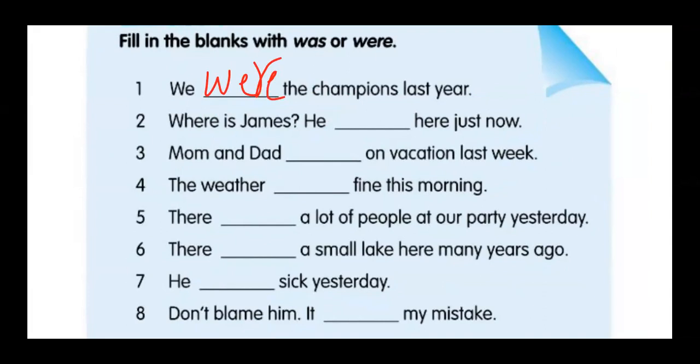Where is James? He dash here just now. He was here just now, because it is singular. Next, mom and dad dash on vacation last week. Mom and dad was on vacation will be wrong.